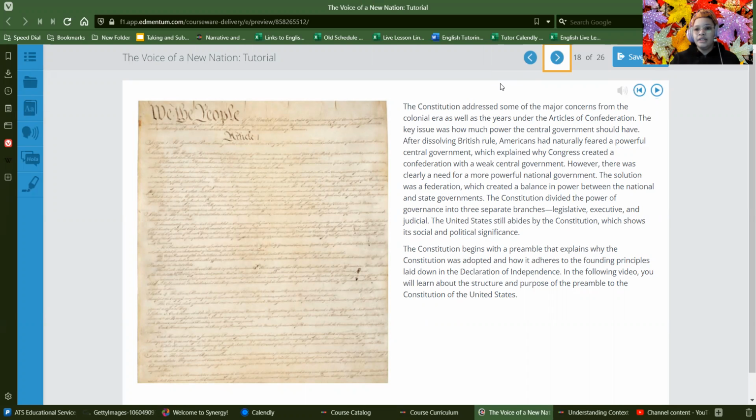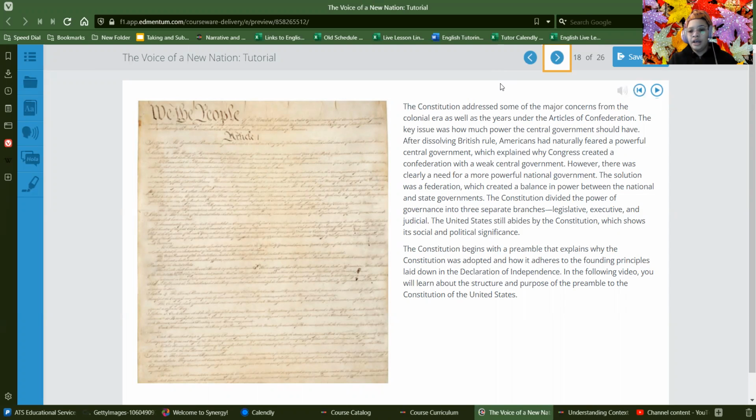So on this slide 18, they address major concerns that people had about rules and how things go for the colonial era, as well as years under the Articles of Confederation. There were people who objected to certain rules, who were worried about how much representation that they would have based on the size of their state or the number of people who lived there.